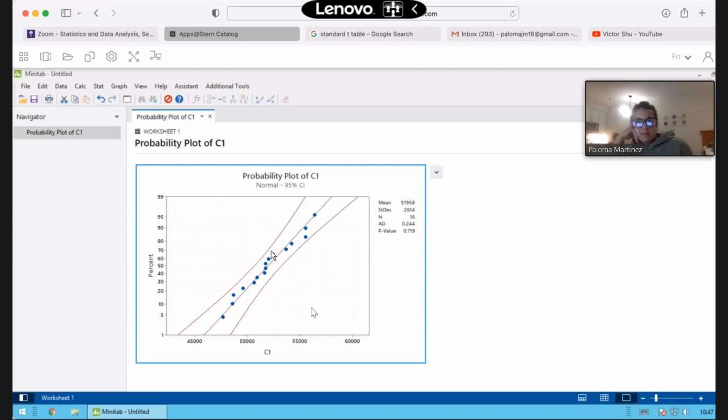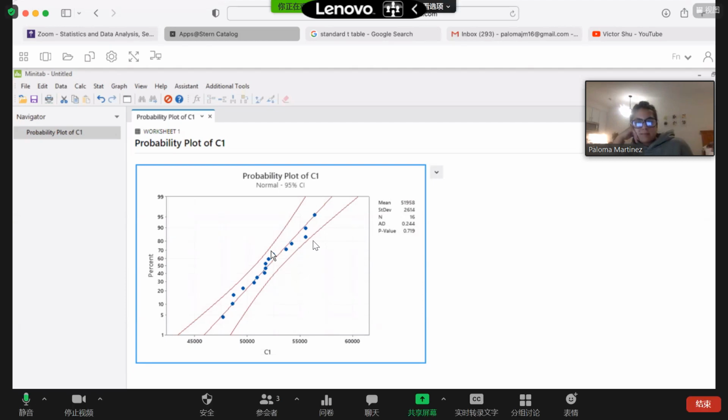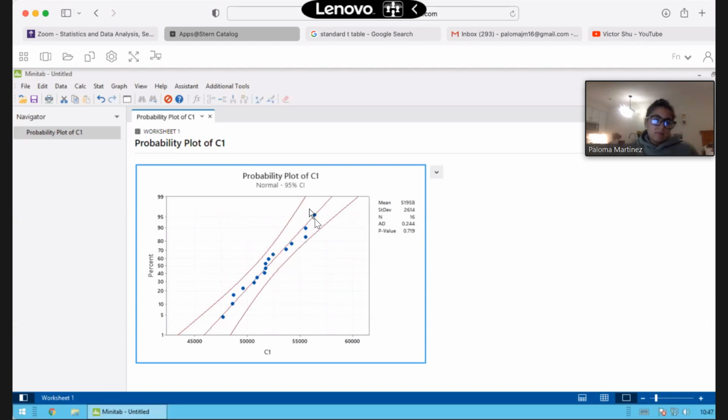I would say you notice there are 3 red lines, right? The one in the middle is a straight line. That is the approximation of how those data points lie. There's one on the right and one on the left, and all your data points are inside those 2 boundaries. So I would say it's basically generating a straight line, and it's normally distributed.